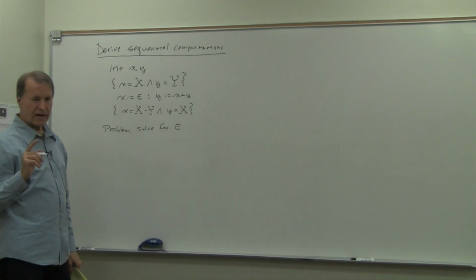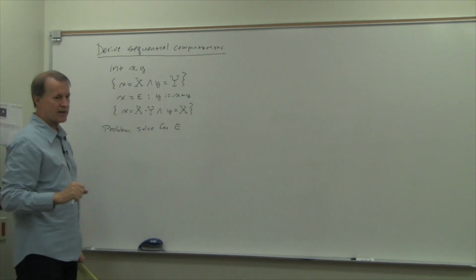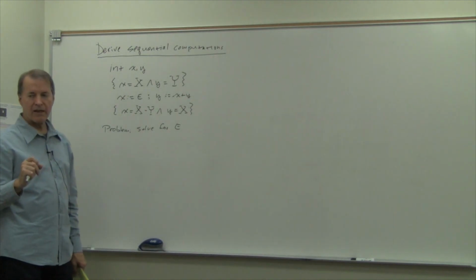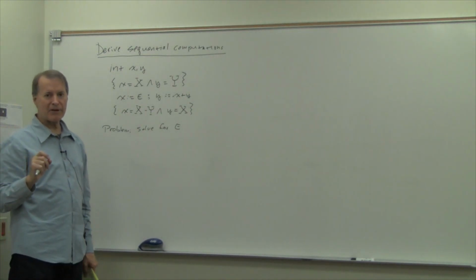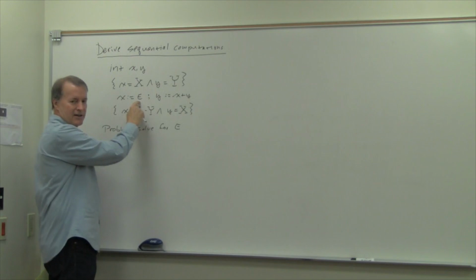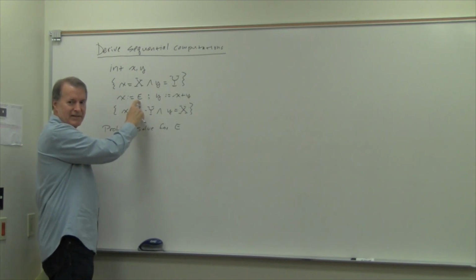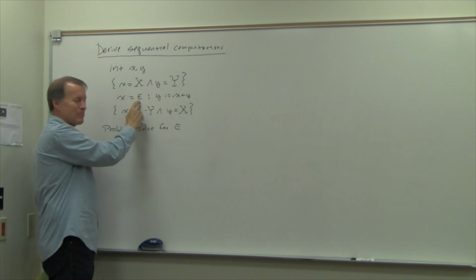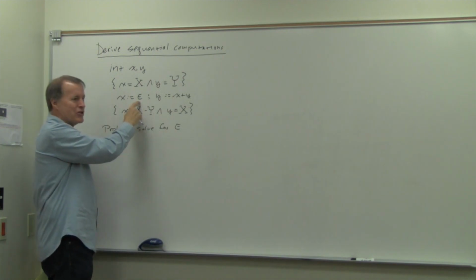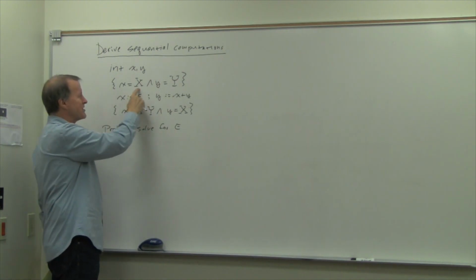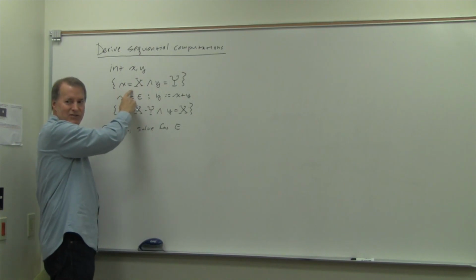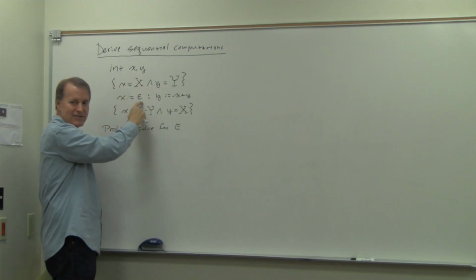Now, here's the thing. Rigid x and rigid y are rigid variables. That means that they cannot appear in e. You can't put a rigid variable in your program, because a rigid variable just defines what the initial value of this variable is. So you don't necessarily have access to it.